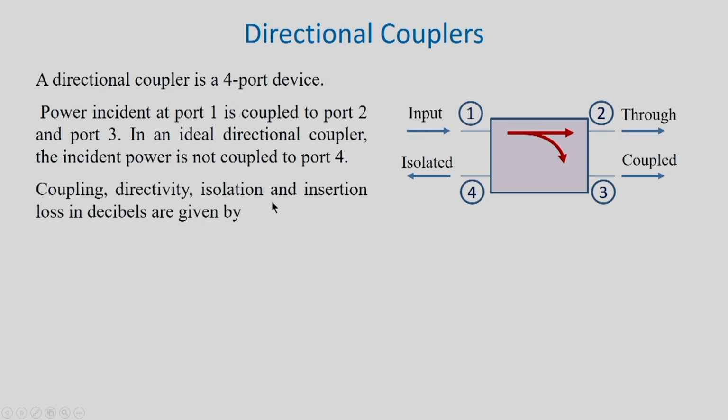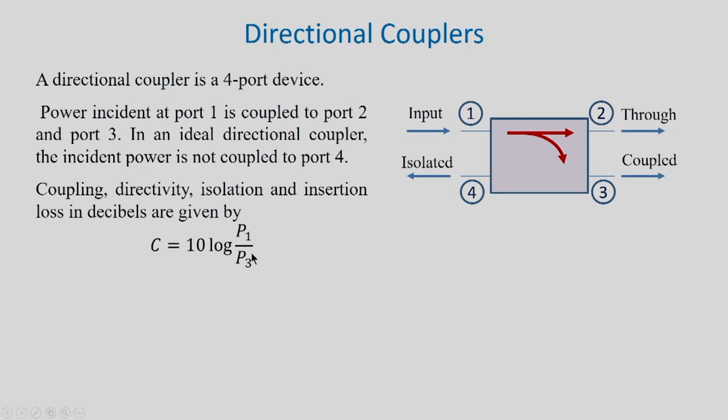Now, the parameters which are defined for a directional coupler are coupling, directivity, isolation and insertion loss, and usually they are expressed in dBs or decibels.